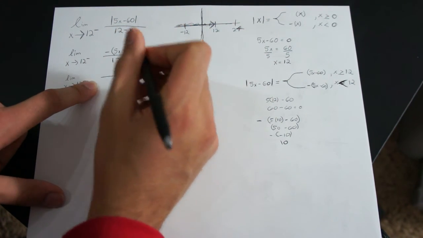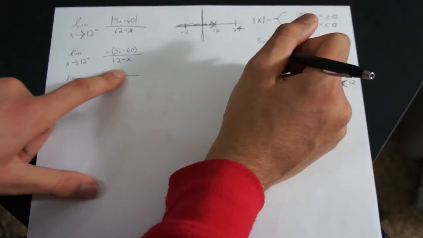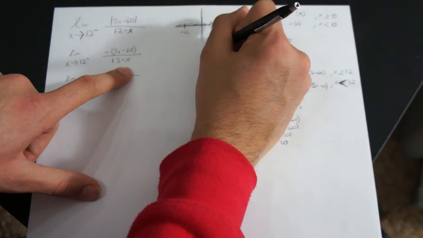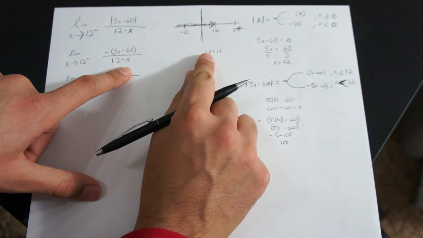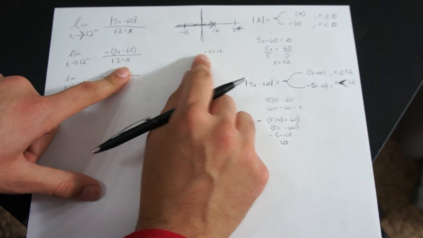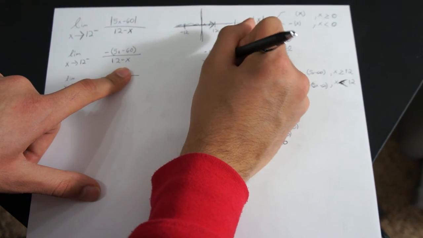If you took a look at the bottom, we could just rewrite this as negative x plus 12, which might be a little bit easier. So if we have this, we can just pull the negative 1 out, so we would have negative 1 times x minus 12.